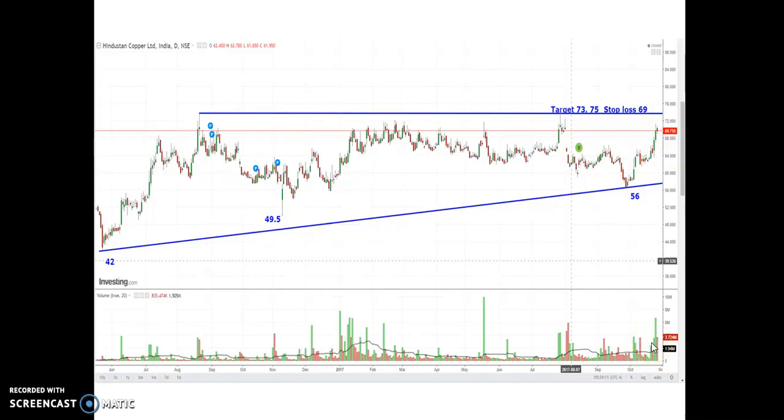Hindustan Copper went through a short phase of correction after making a high of 74 in September 2016 and 2017. A double bottom was made at 42.8 on February 2016 and 24th May 2016, with a low of 42 rupees, placed near the start of the current Gann channel.